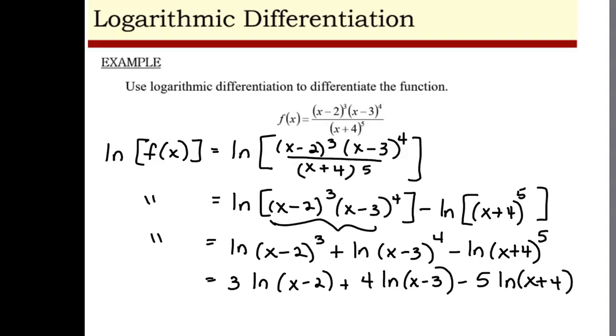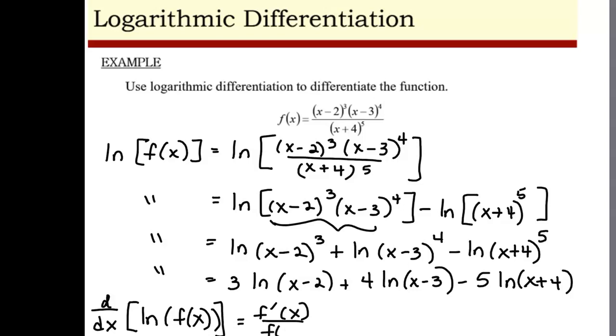Along the left, we take the derivative with respect to x of ln of f of x, and on the right-hand side we have f prime of x all over f of x.